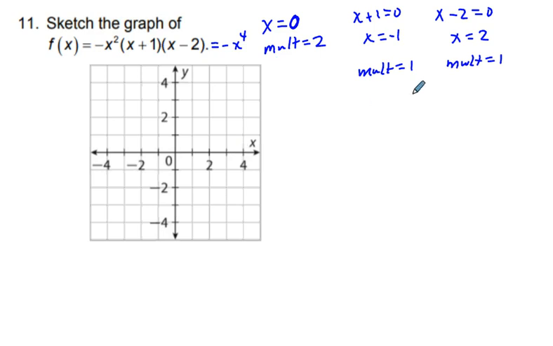And we're going to mark our zeros we have at -1 and at 0 and at 2. So I've marked in blue here where the graph function is going to either touch or cross the x-axis. And we're going to start low and end low.